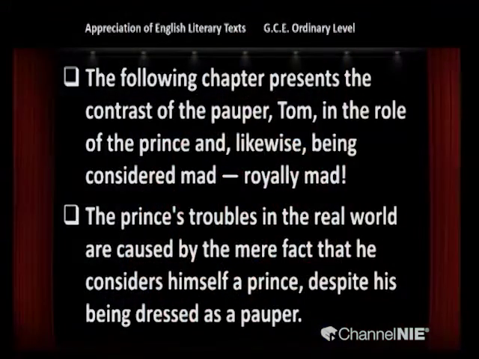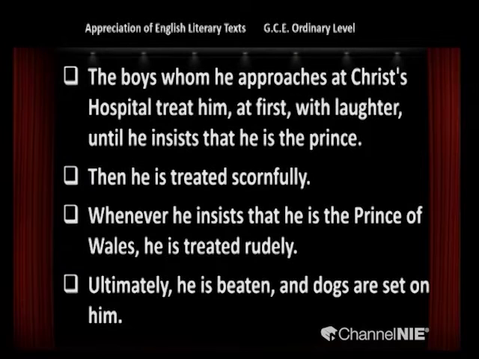These common people look at the clothing and think this boy is mad. Whenever he says that he is the prince, they laugh at him. The boys whom he approaches at Christ's Hospital treat him at first with laughter until he insists that he is the prince.